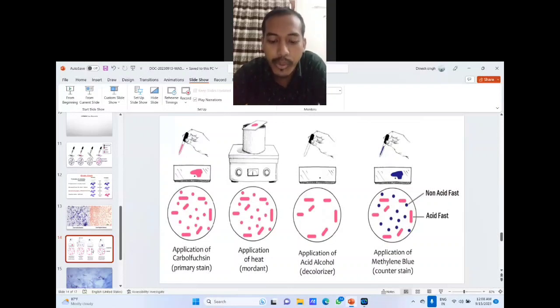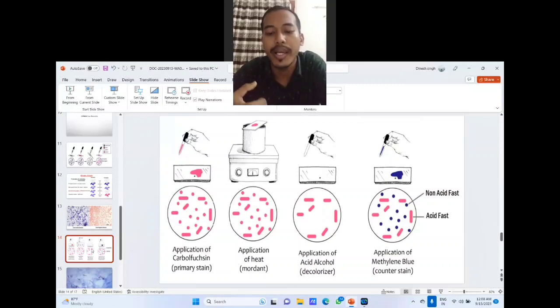In the next step, when you use the decolorizer, the carbol fuchsin that went inside the bacteria will not come out. Excess stain will be washed off, but the stain that went inside the bacterial cell stays inside.